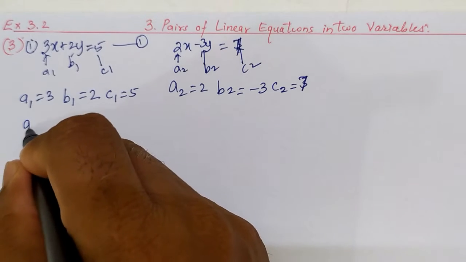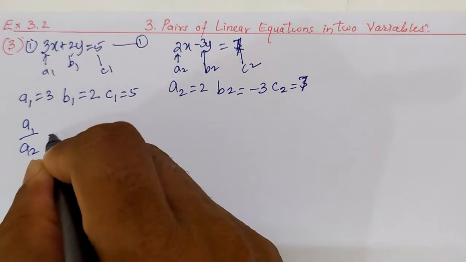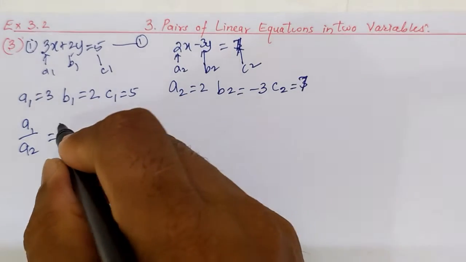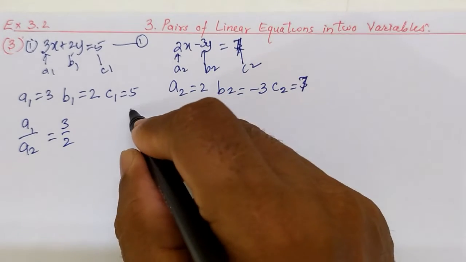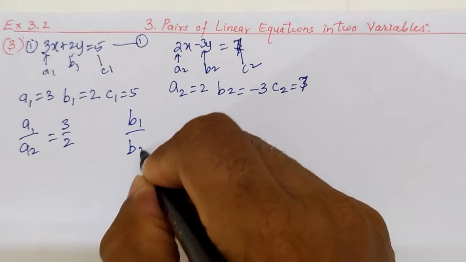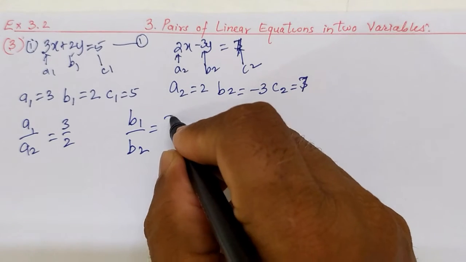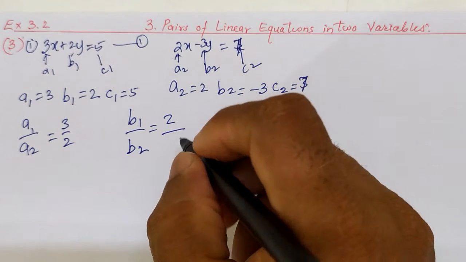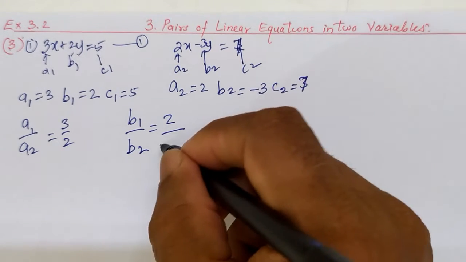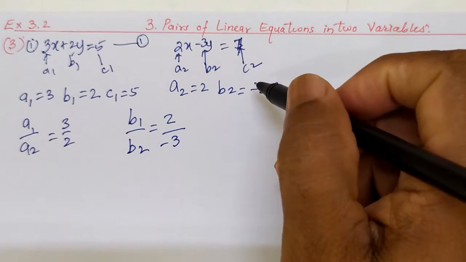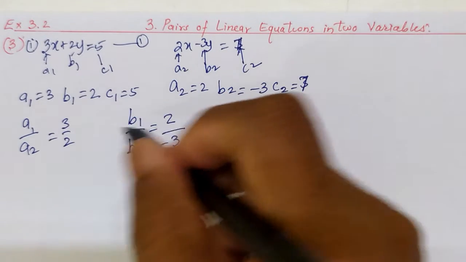So we'll write down A1 upon A2, this is 3 upon 2. B1 upon B2, what is B1? It is 2 and B2 is minus 3. So we can see these are not equal.